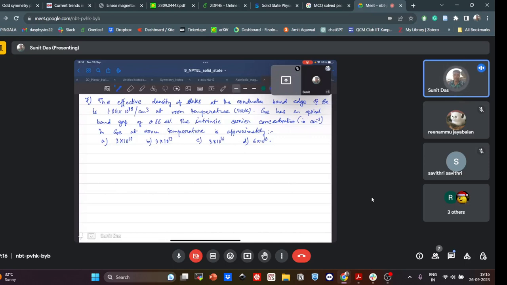Now we need to find the intrinsic carrier concentration in cm cube of germanium at room temperature. Let me know which of the options are correct.